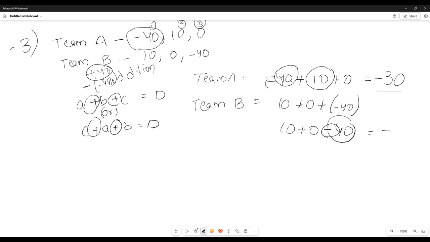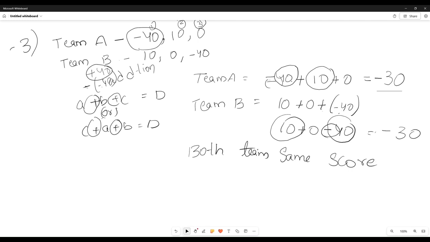The sign of the 40 is minus, so write the minus first. From 40 we have to take the 10, which becomes 30. The scores of team A and B are same. There is no change in the scores. None of the teams scored more, so both teams have the same score.